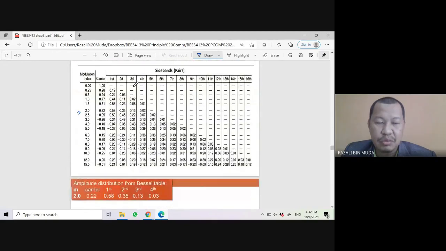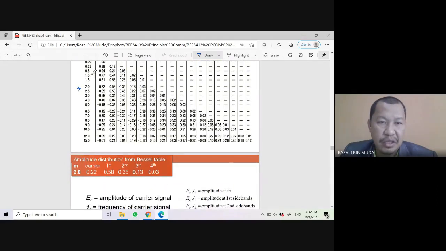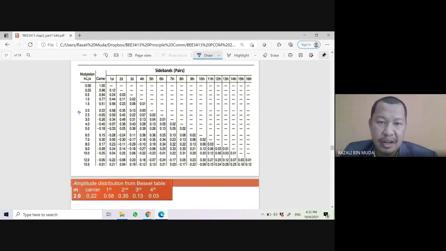You should be able to understand how to derive the value for sidebands, the peak of the sideband, if you are given the modulation index, or after you calculate the modulation index, you get the value, you can derive the value of sidebands from the table.